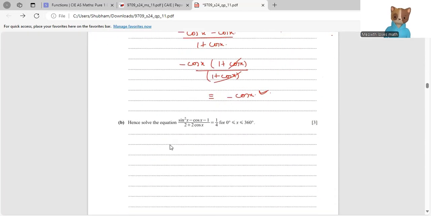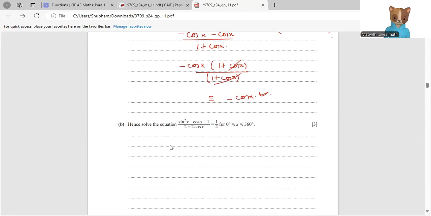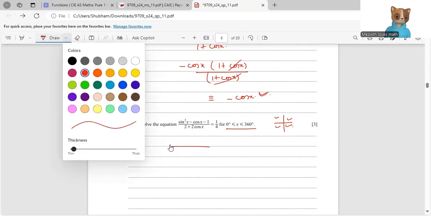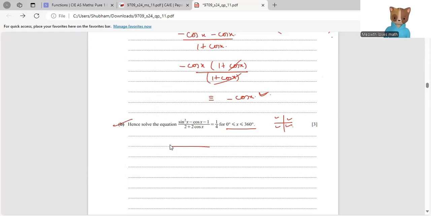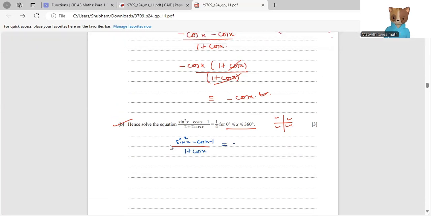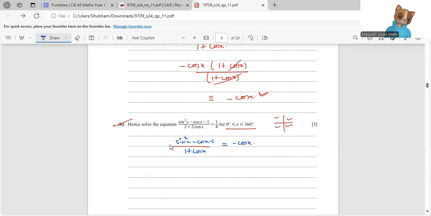Now, see here. It says solve the equation, equal to 1 by 4, from 0 to 360. That means all the 4 quadrants. This is my domain. What happens over here is this value we already know: sine square x minus 1 minus cos x over 1 plus cos x. So this value, we already know, is equal to negative cos x, isn't it?